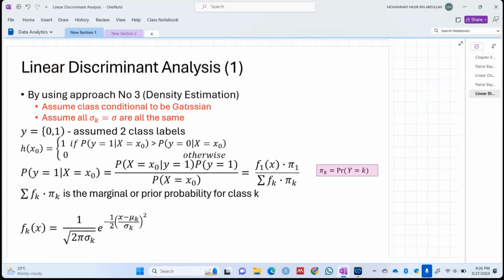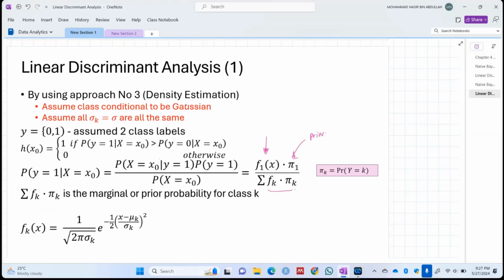Instead of the probability of X given Y, which is the class conditional, we're going to use another function symbol, f1(x). Pi 1 is the prior probability. This is not 3.14; pi means the probability of class K. And this is the marginal probability.